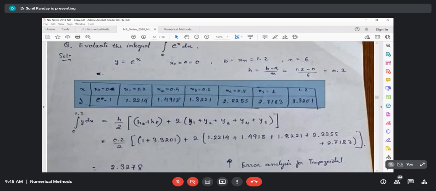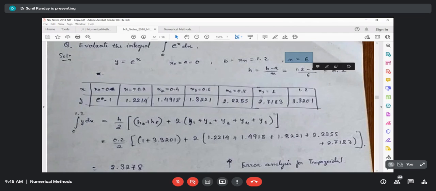Here n equals 6, so this is your x naught and this is your xn, which you can also say is x6. This is y naught, and this is yn, or you can say y6 also.